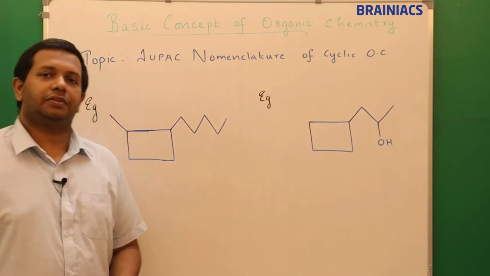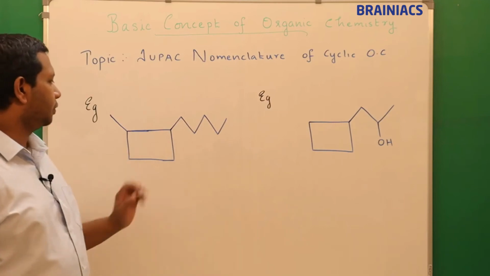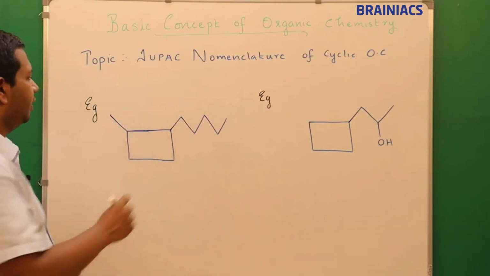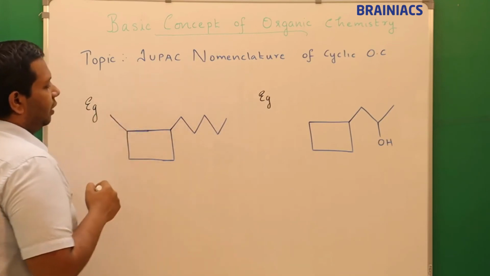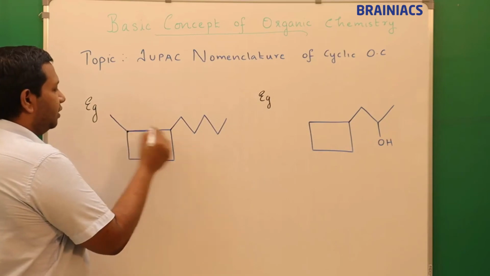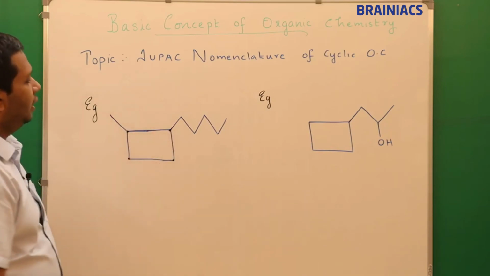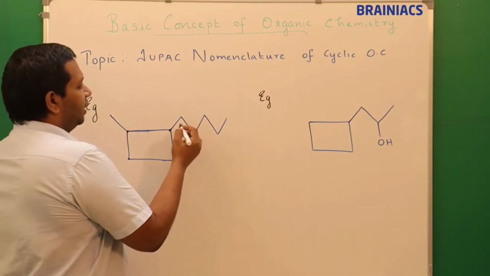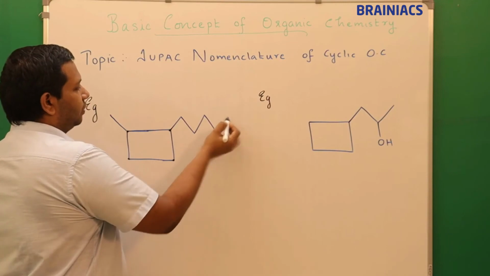Hi students, these 2 questions are very important actually. Listen here. Now I have a ring as well as a side chain here. When I count the ring, I understand that this is a 4-membered ring, so 4 carbon ring, correct? And whenever I am looking at the side chain, it is 1, 2, 3, 4, 5, 6.